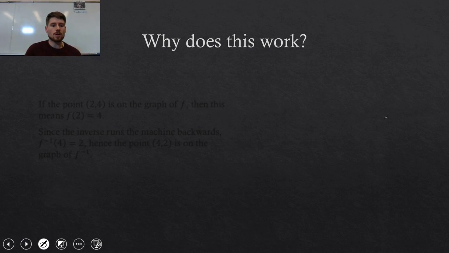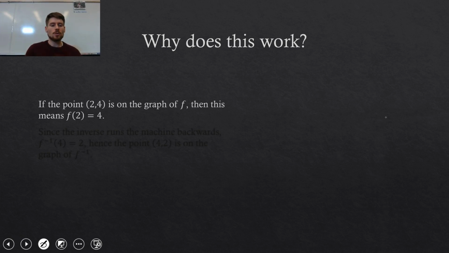So why does this work? If a point, say (2, 4), is on the graph of f, what that really means is that if you plug 2 into your function, you get 4 out as the answer. So the input 2 gives you the output 4.